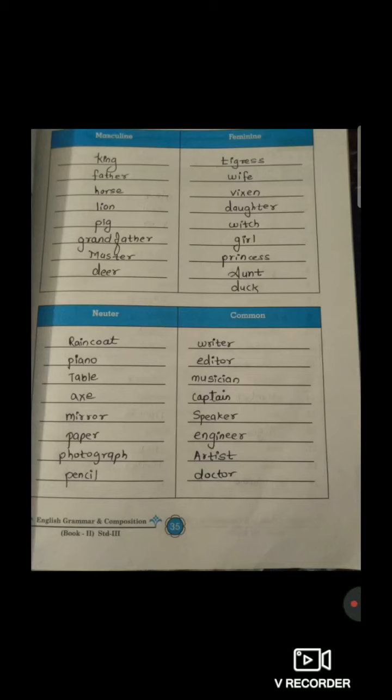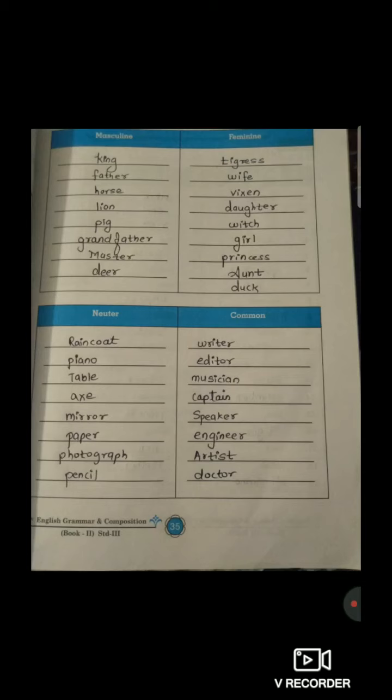And in neuter gender there is raincoat, piano, table, axe, mirror, paper, photograph, pencil. Now students, the last one, common gender. In that writer, editor, musician, captain, speaker, engineer, artist and doctor.